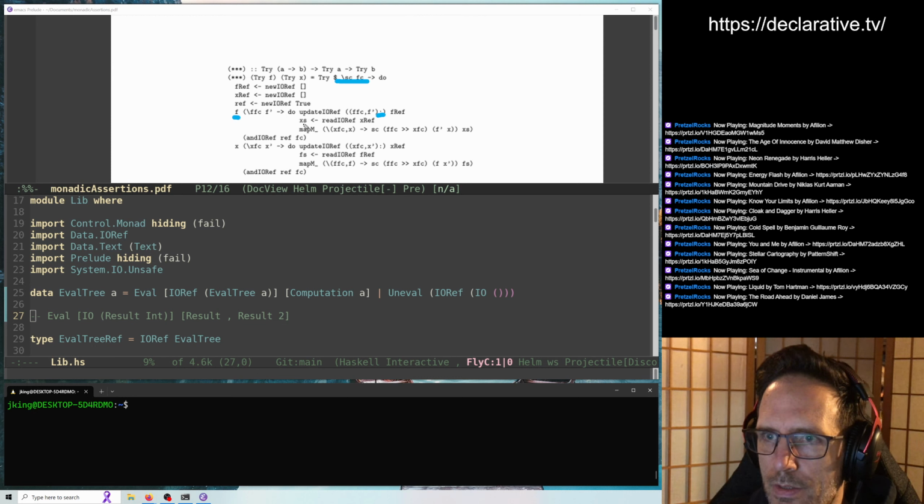Then we read x's from xref, and we do this monadic map function over x's. So we map over x's.